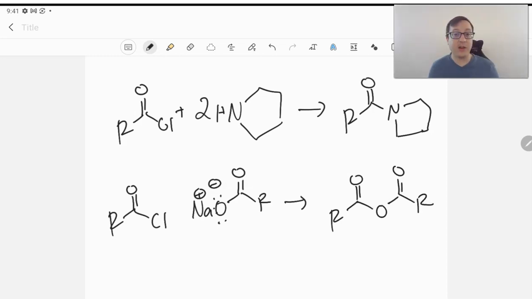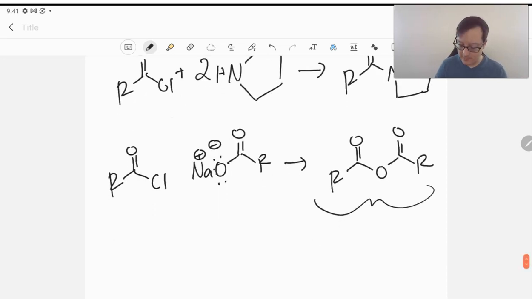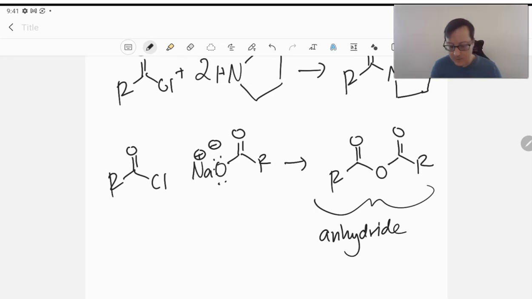This is not a molecule we've seen yet, but it's one we will see next. So we're going to make an anhydride there using that, and we're going to produce NaCl, which is a fantastic byproduct, right? So we're good there.